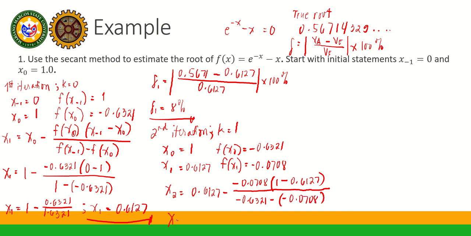So, computing for x sub 2, we will get 0.5639.